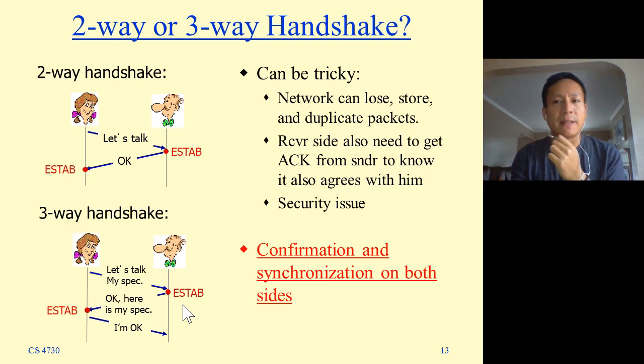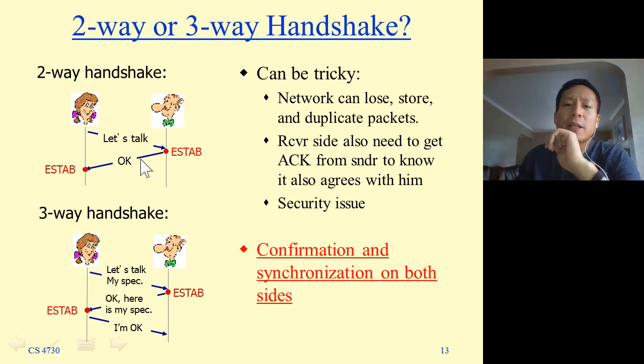Another reason that we want to do a three-way handshake is that if we do a two-way handshake, it can be tricky because sometimes network packets can be lost, right? Or you can receive duplicate packets. So with a two-way handshake, it will be definitely difficult to cover those extreme cases.